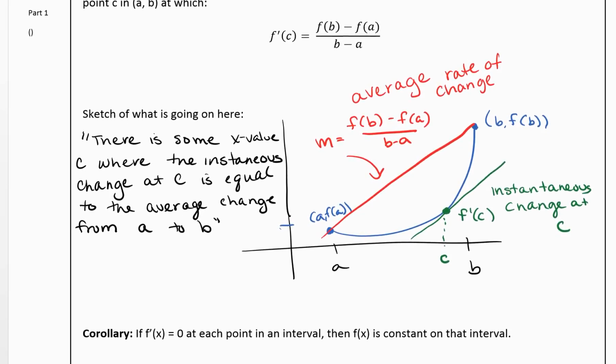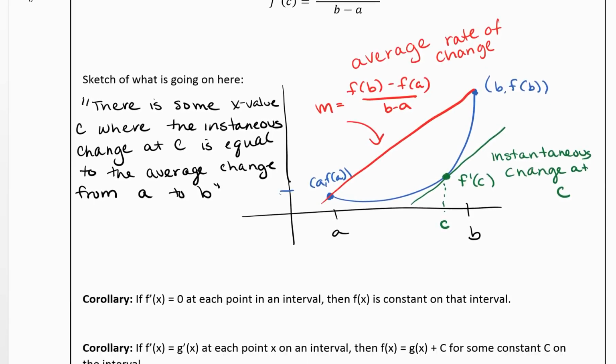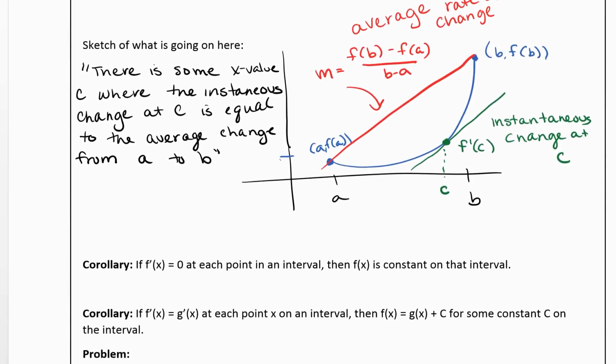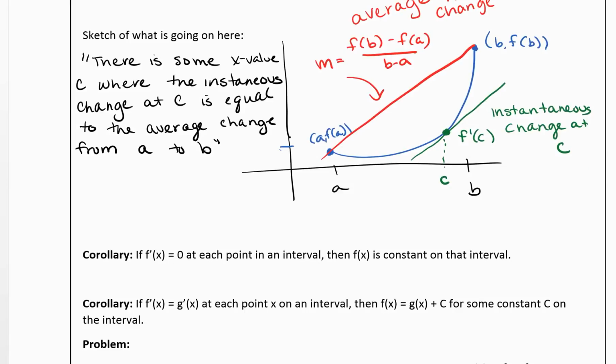But we have a couple of corollaries, and corollaries are just things that you would use this theorem to prove. We're not actually going to prove them, and they're things you might have already figured out.